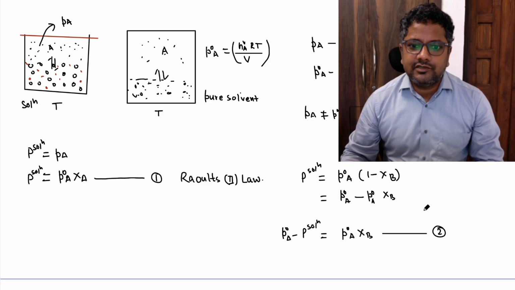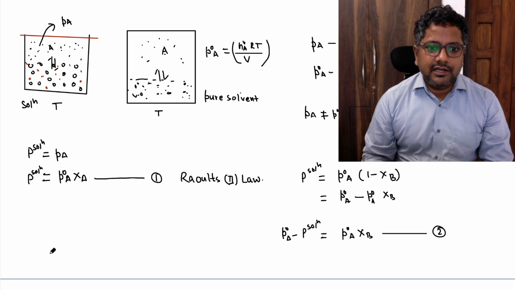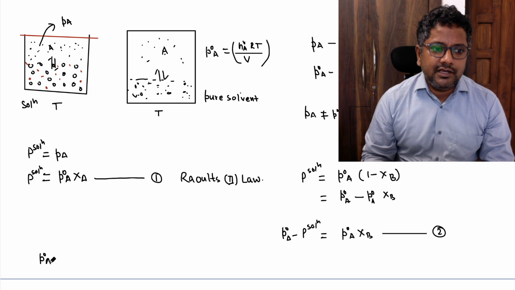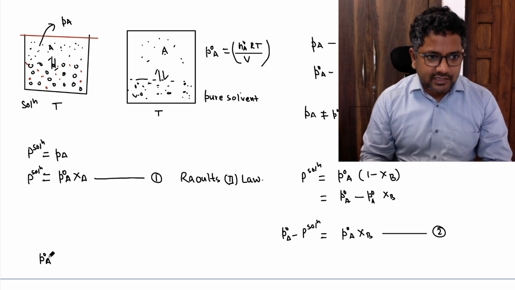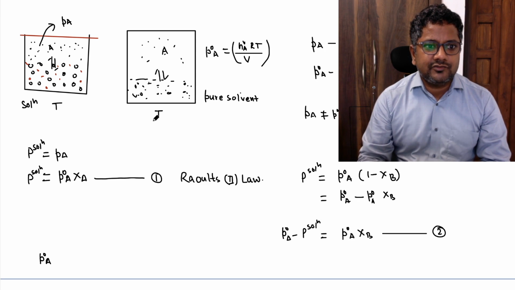This is equation 2, and here P naught A is the vapor pressure of pure A at the same temperature. T should be the same.